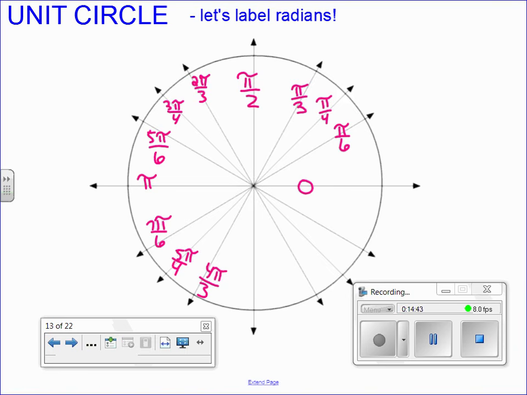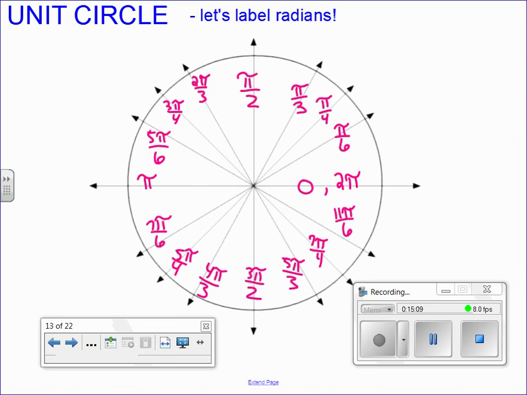At 270, we're at 3 pi over 2. At 300, we're at 5 pi over 3. At 315, it's 7 pi over 4. And at 330, it's 11 pi over 6. And I guess I should probably tell you this, 360 is the same thing as 2 pi.